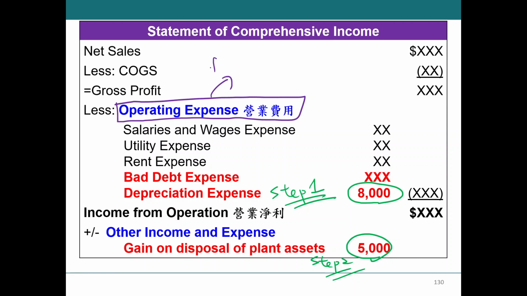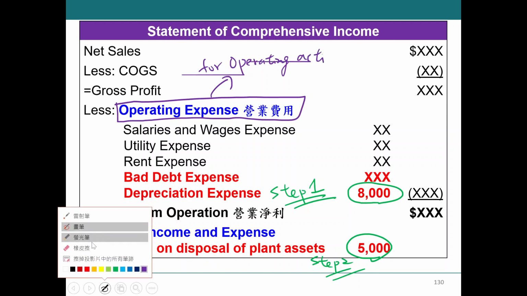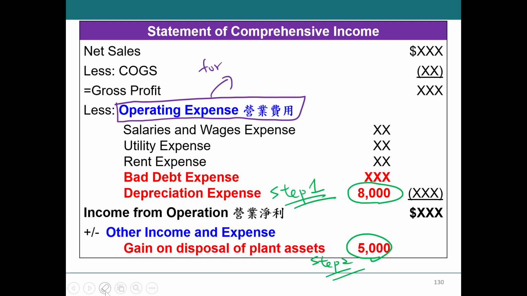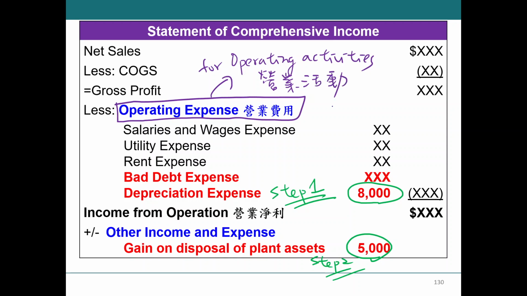So depreciation is your operating activity.